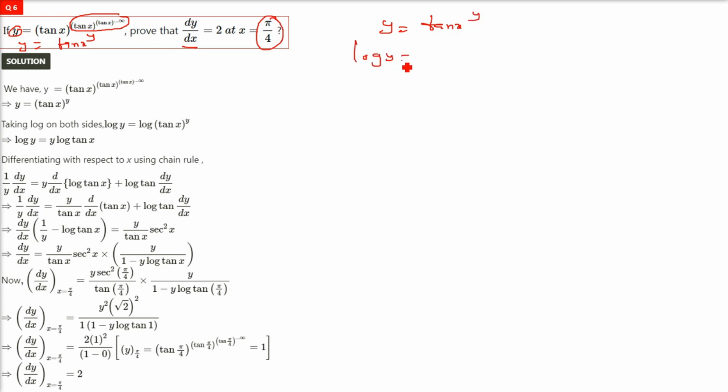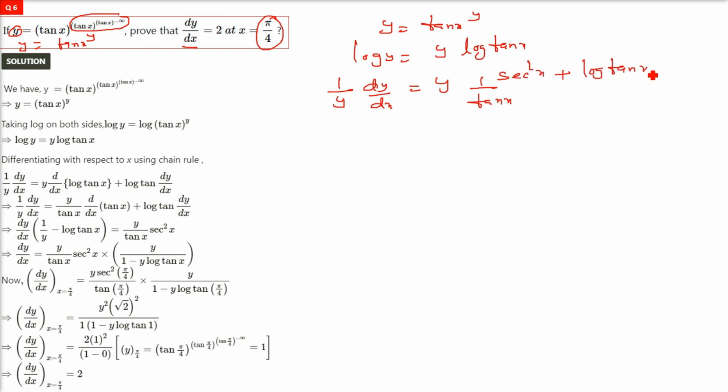We'll take log: log y is equal to y log tan x. Differentiate: 1 by y dy by dx is equal to, now y log tan x, the derivative of log tan x is 1 by tan x times sec square x. Then we have log tan x, and then dy by dx.